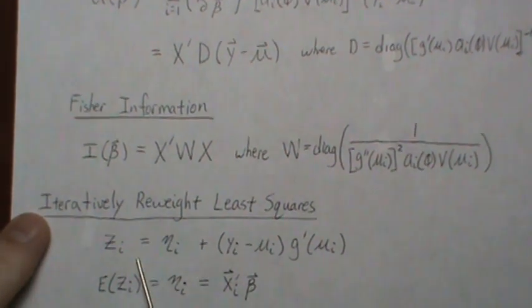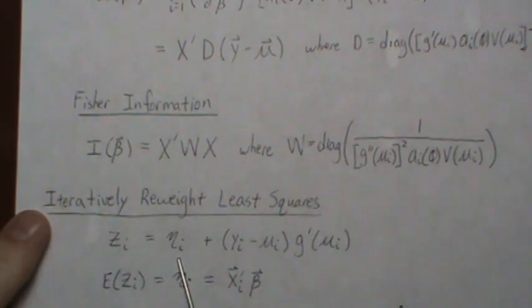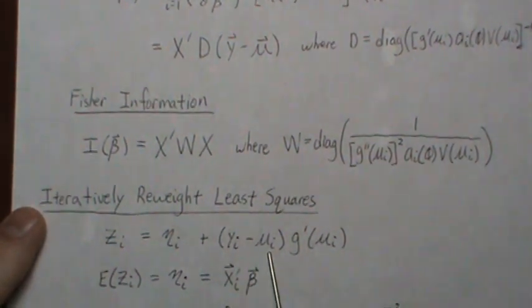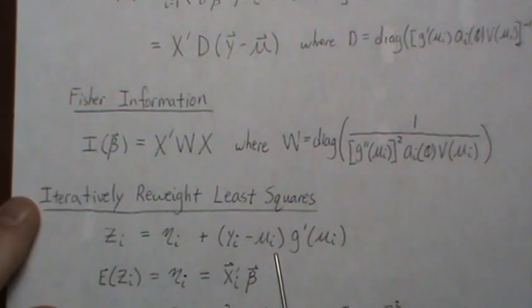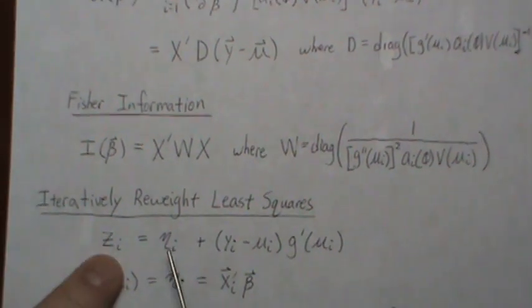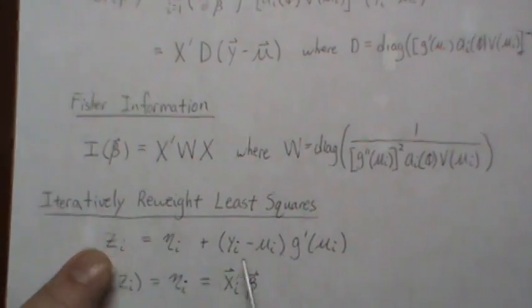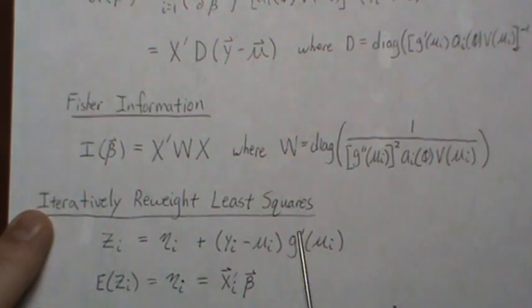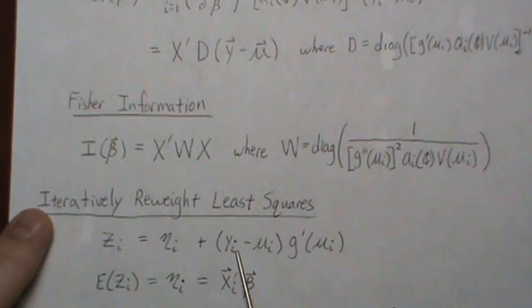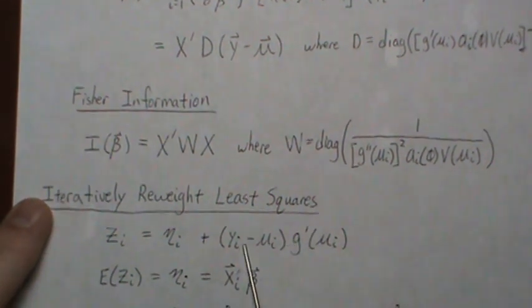So if we let Z be the linear combination plus this, y_i minus mu_i times g_i. Notice in matrix form this would be X times beta, and then we could think of this times epsilon, because this is a vector. It has a mean of 0, but it has a variance.